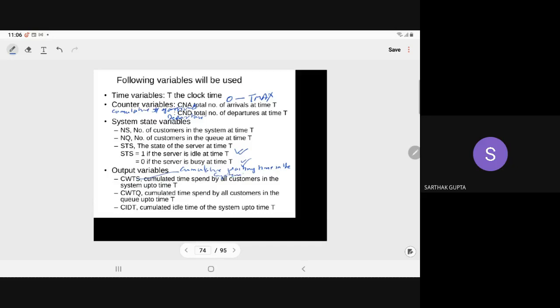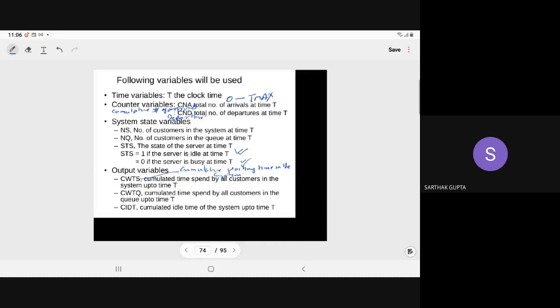Similarly, CWTQ stands for cumulative waiting time in the queue, and CIDT is the cumulative idle time up to time t. When the server is idle, at that time we have to accumulate, add or sum up. So these three are the output variables.